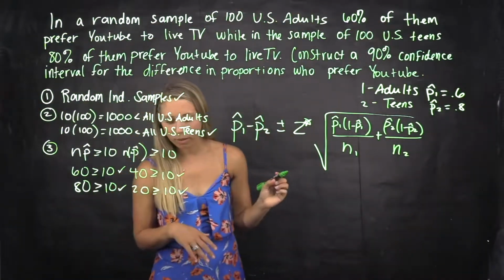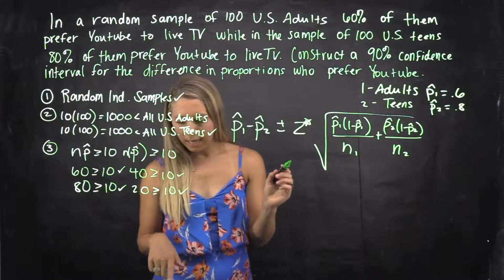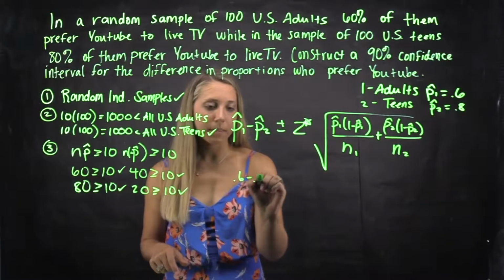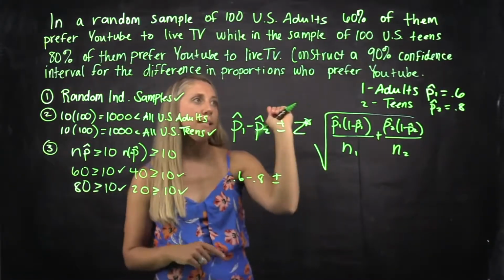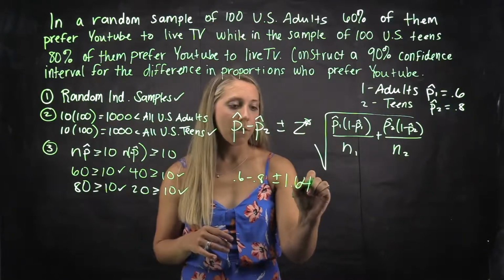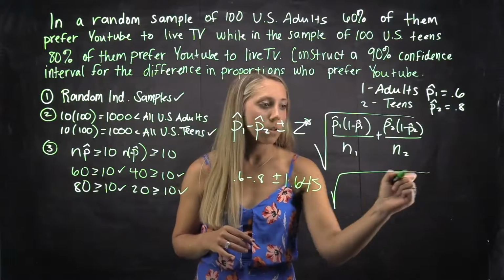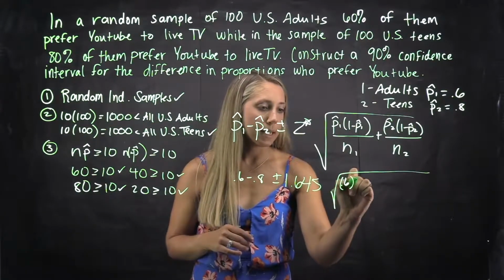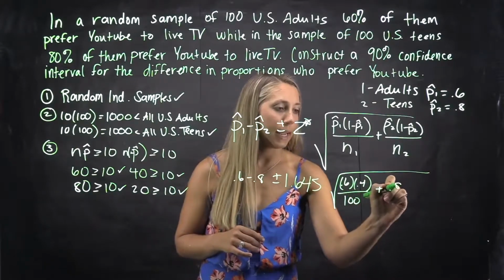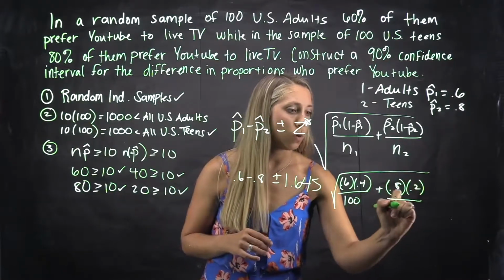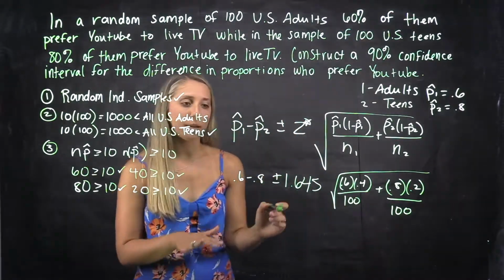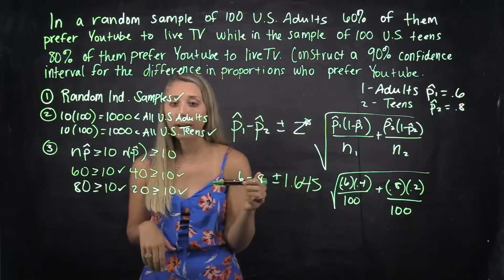And really quickly, I'm just going to plug those numbers in here. So I have 0.6 minus 0.8 plus or minus the z star for 90% confidence, which is 1.645, and then the square root of 0.6 times 0.4 over 100 plus 0.8 times 0.2 over 100. If you wanted to do all of these mathematical calculations, go for it.